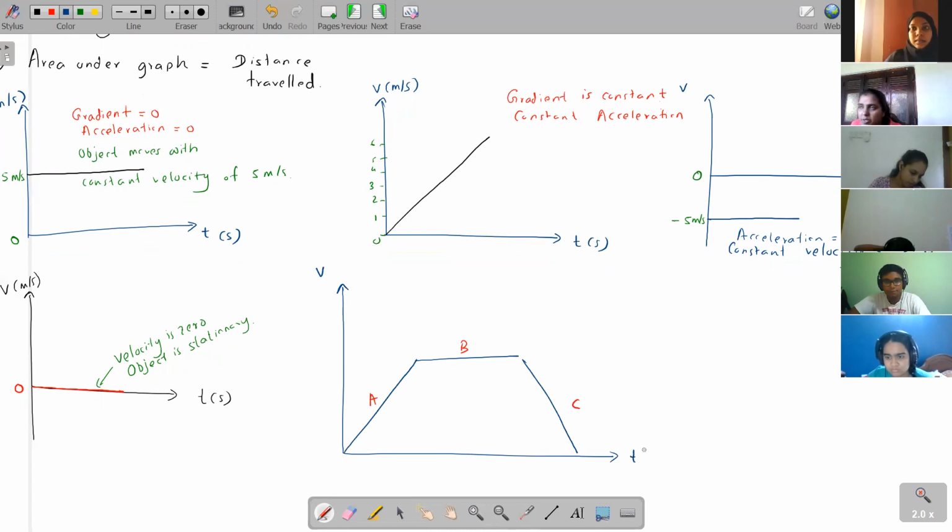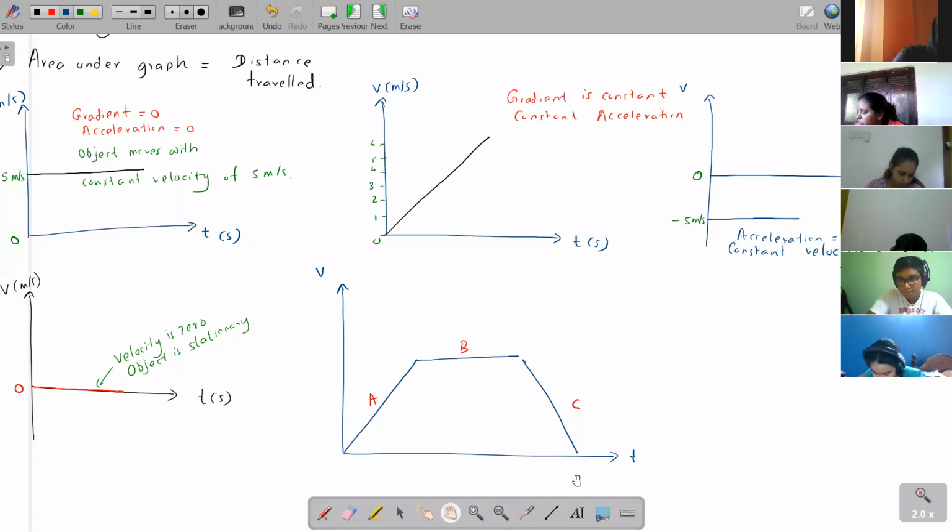Okay, velocity time graphs are important. So that's why I'm giving you some extra graphs. As I told you earlier also, every year in every past paper, you get a velocity time graph question. Definitely there. Try to give an interpretation of this graph.